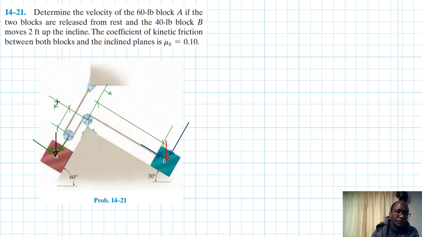Alright, so let's say we have the normal force there, and since A tends to move, we've been told block B moves up, therefore A moves down, therefore we have friction like so. In this one we are going to have normal force, and this tends to move up, therefore we'll have friction to oppose motion.